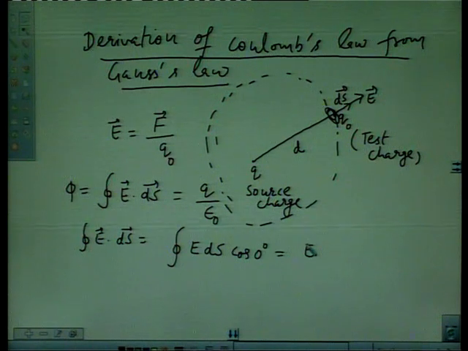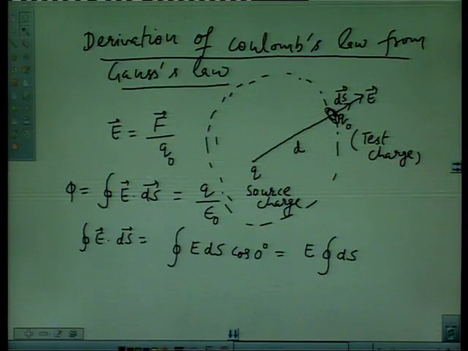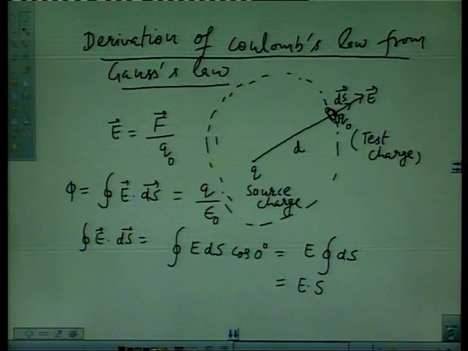Since E is constant, it can be taken outside the integration, and we have integration over this small surface ds, which is equal to E into S. When we integrate this small surface ds, we have total surface area S of this Gaussian surface.